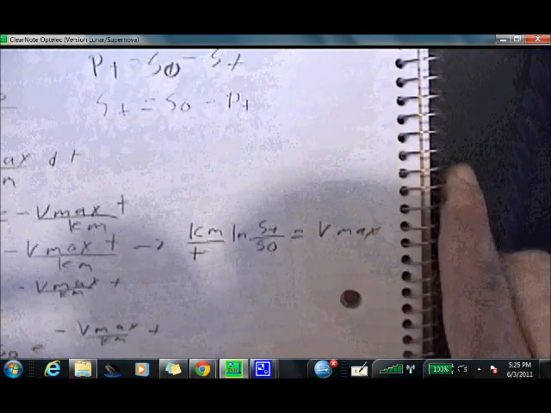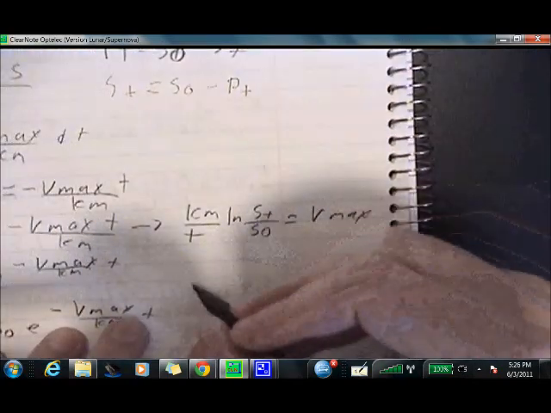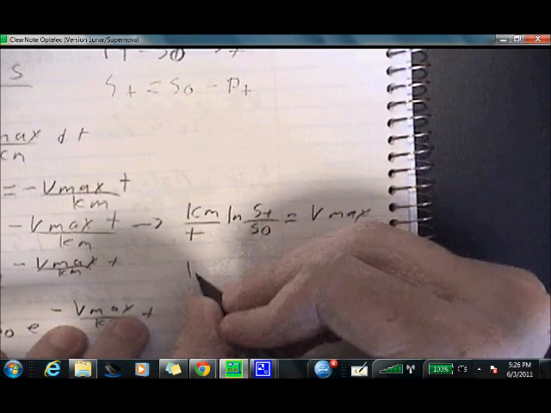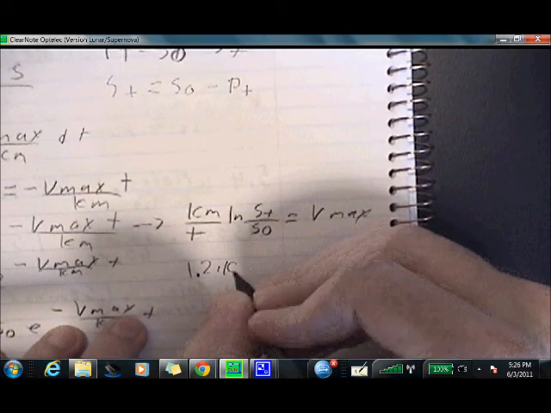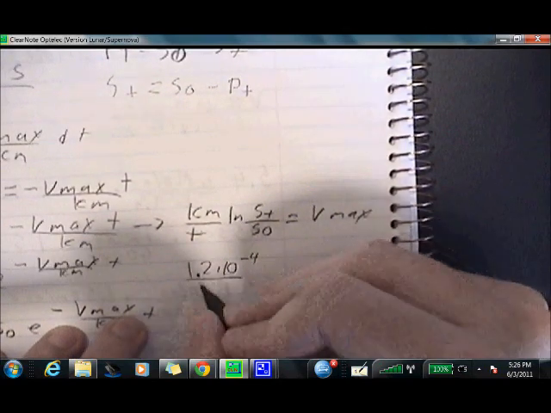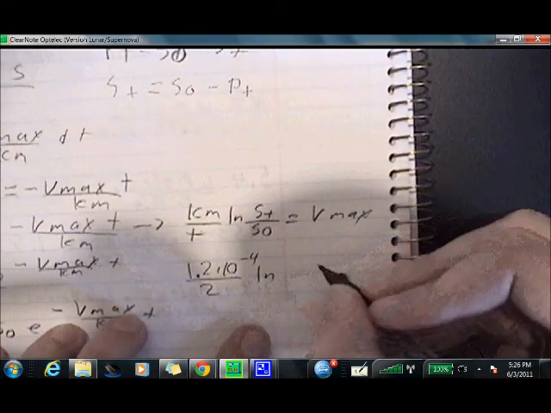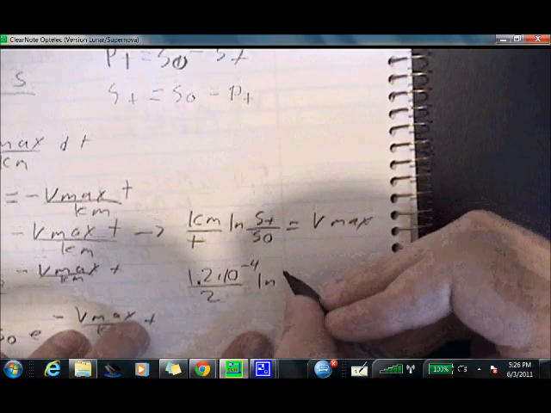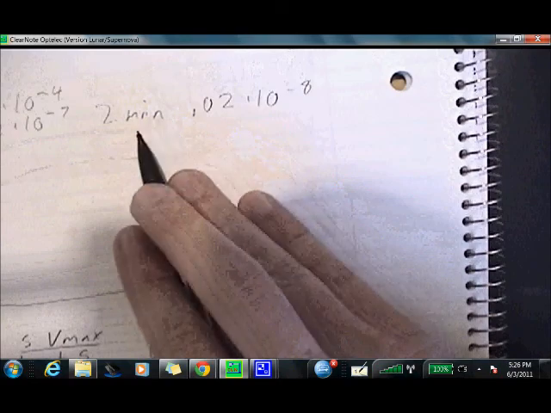So it's 1/10. So this is what your equation to find your Vmax would look like: 1.2 times 10 to the negative 4th divided by 2 ln of your substrate at 2 minutes.